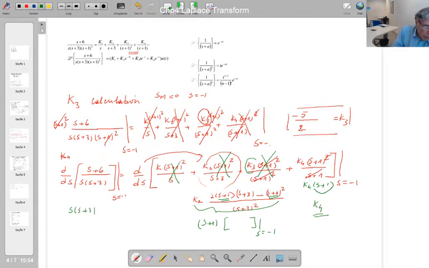Derivative of the denominator, which is s square plus 3s, is 2s plus 3, multiplied with the numerator s plus 6, over s square plus 3s, and I will be replacing this s with minus 1.